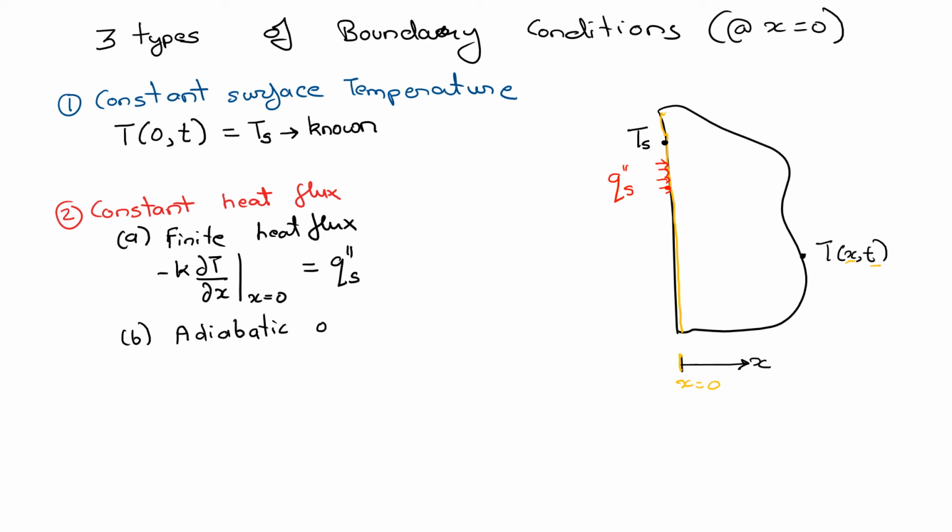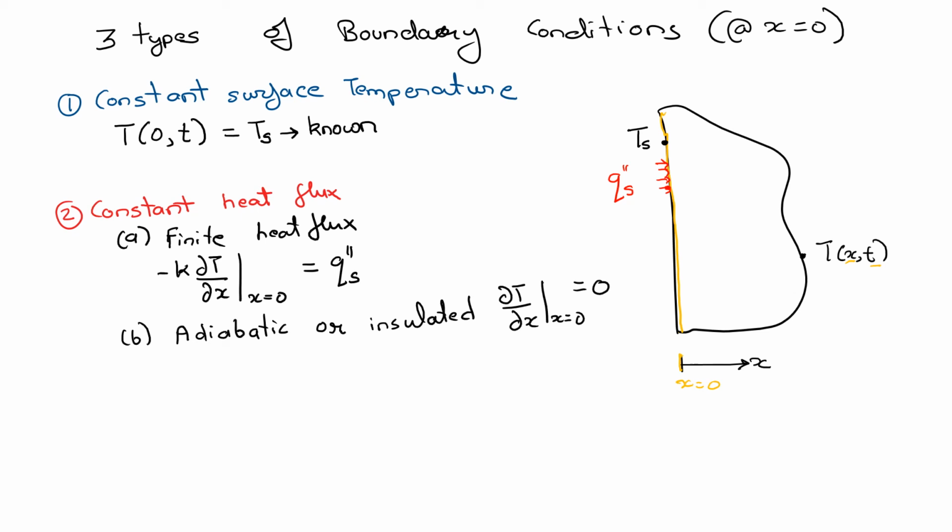So if you read the words adiabatic or insulated, you will use the boundary condition del T by del x at x equal to 0 is 0.